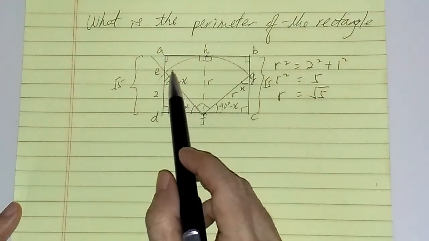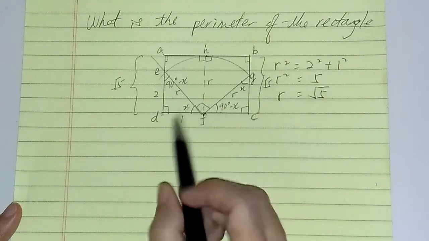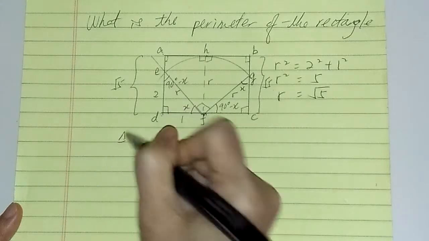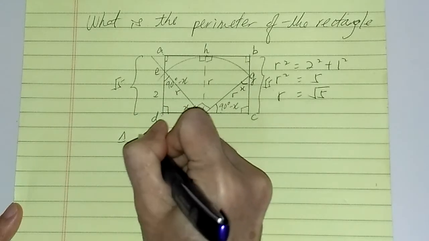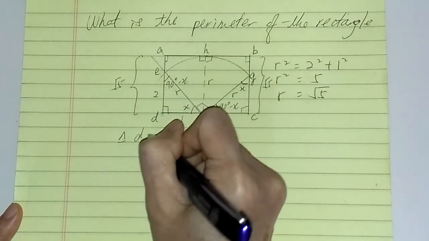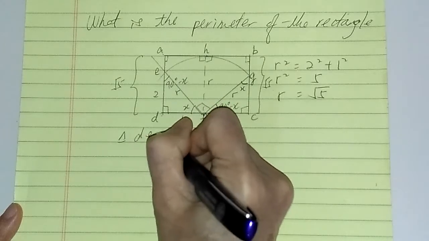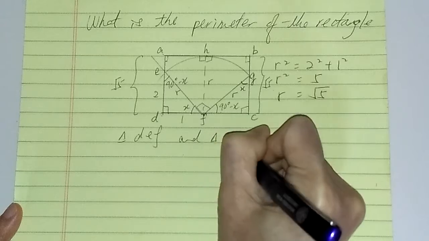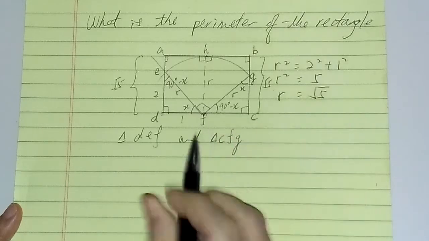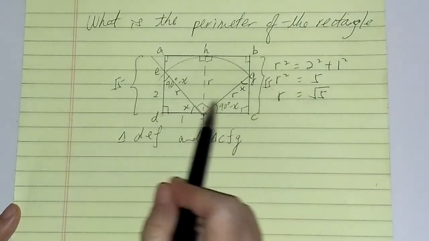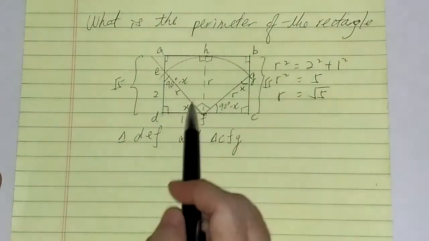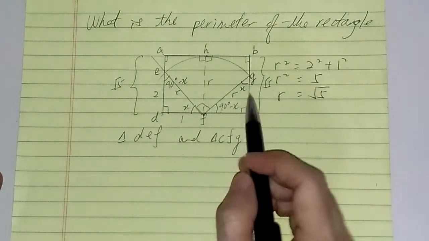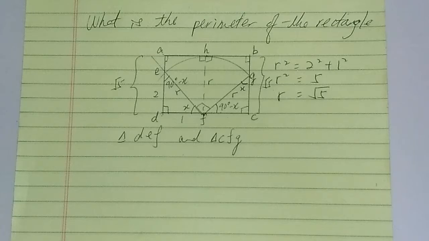If you look at these two triangles, DEF and triangle CFG, are the two identical? If they are identical, then we'll be able to find this length and this length.